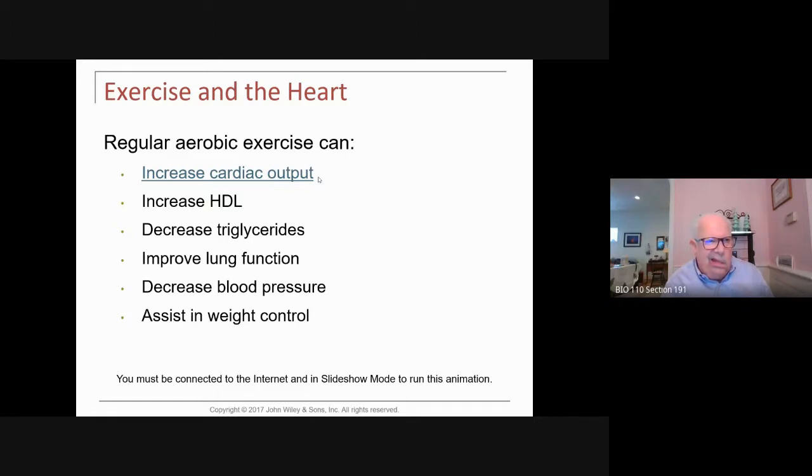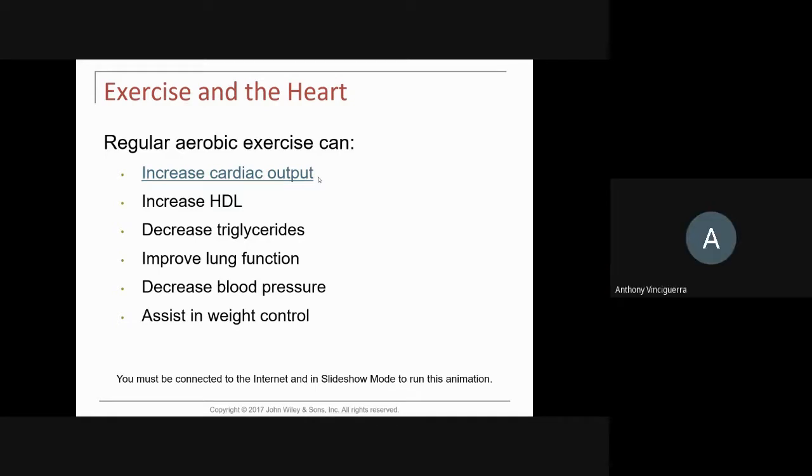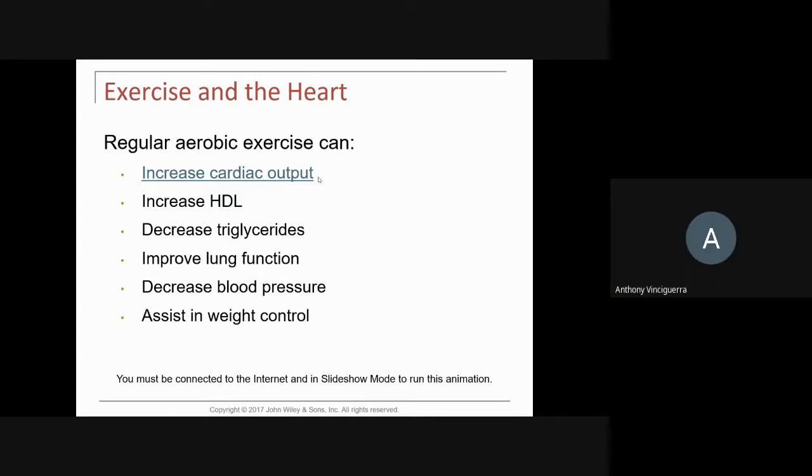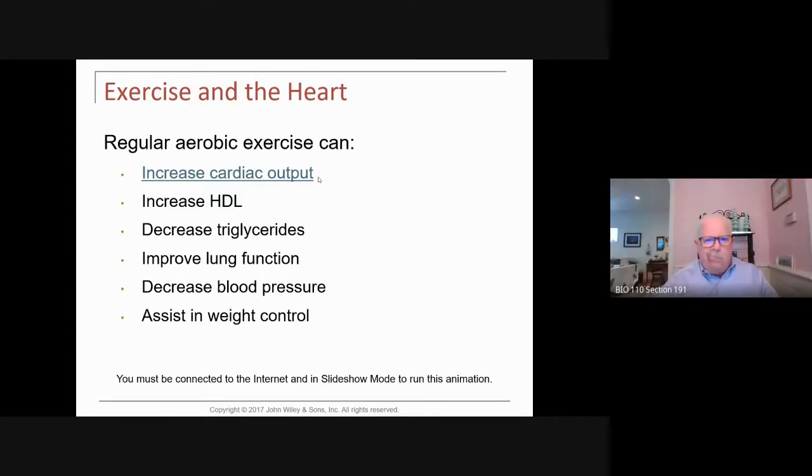Are you losing a lot of fluid? Not really. Not in that one. So if your stroke volume stays the same and your heart rate goes up, what happens to your cardiac output? It increases.